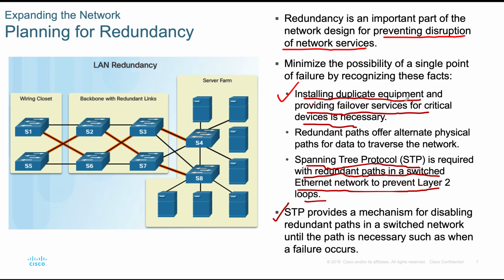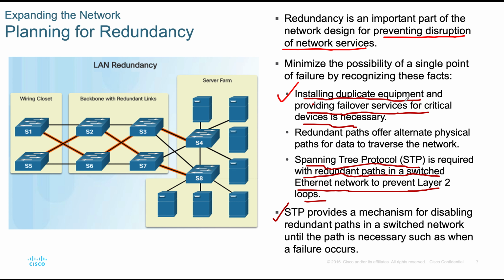Now we've seen this. Another thing you can do to enhance this redundancy is creating the spanning tree protocol. The spanning tree protocol is required with redundant paths in a switched Ethernet network to prevent layer 2 loops.